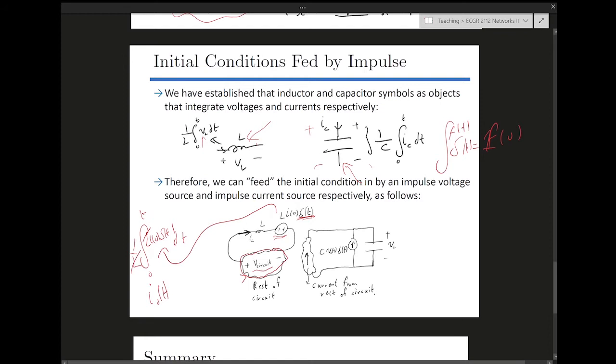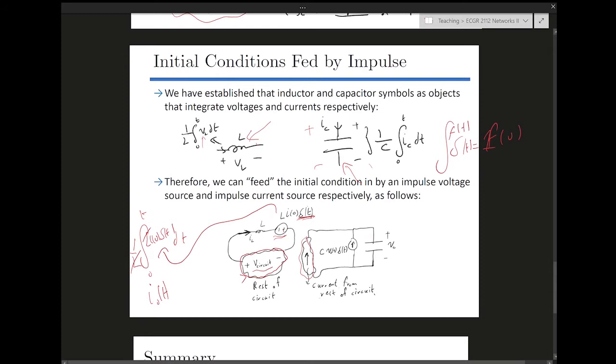So the current through the inductor symbol will have an initial injection of the initial condition due to this impulse voltage source. Same thing with the capacitor. The capacitor might be connected to some circuit. This blob represents the circuit. This whole circuit has an equivalent current that it presents to the capacitor, right?